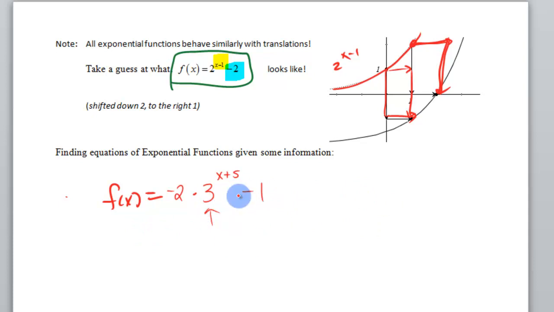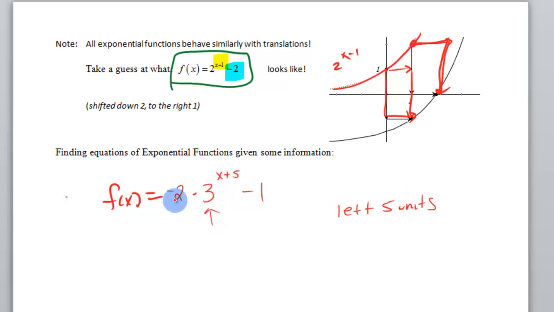That's the base of this exponential. So it's the one we did earlier, where 3 to the first, 3 to the second, etc. Now things have been shifted. The number comes in here and it's added 5. So we go left 5 units. Then the -2 multiplies all the outputs.